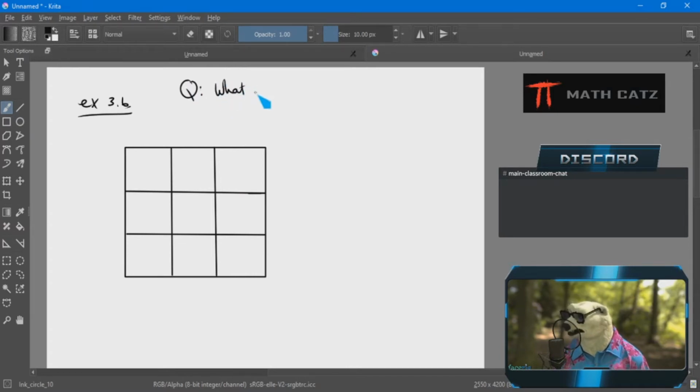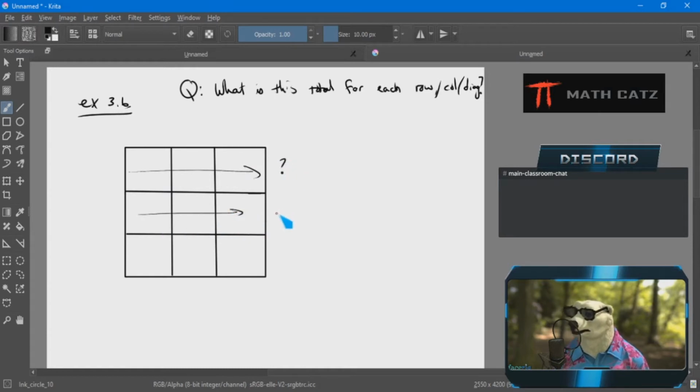What is this total for each row, column, diagonal, squeezing in a question mark? They're all adding up to the same thing. What is that? So I want to know, if I add up all these rows, I'm going to get a number.